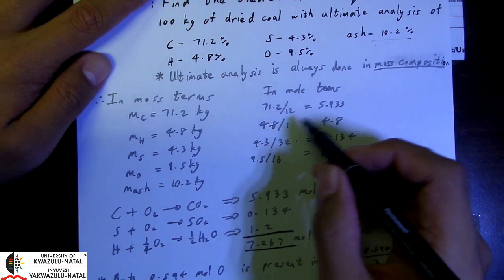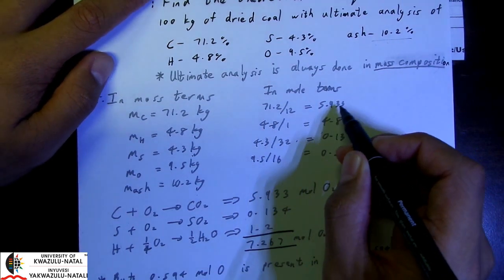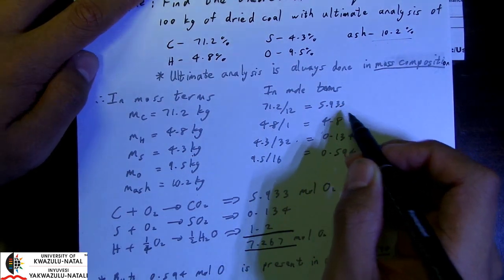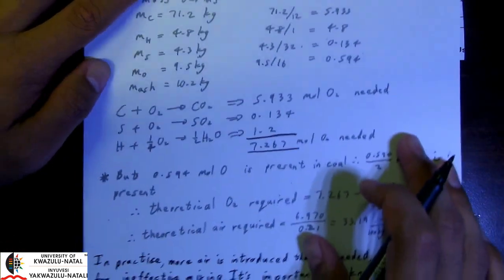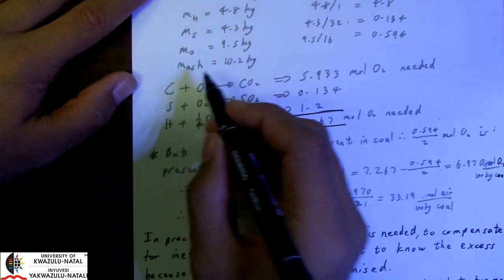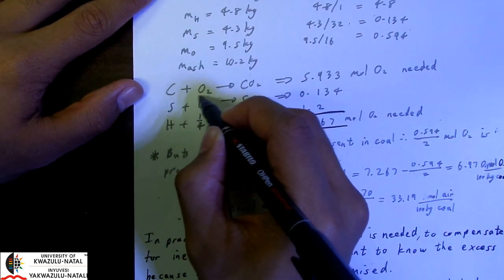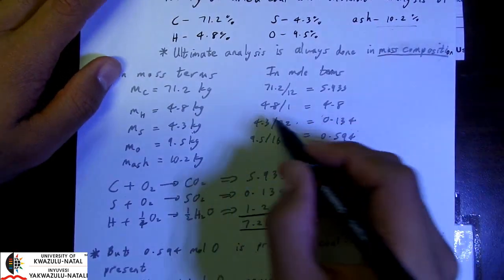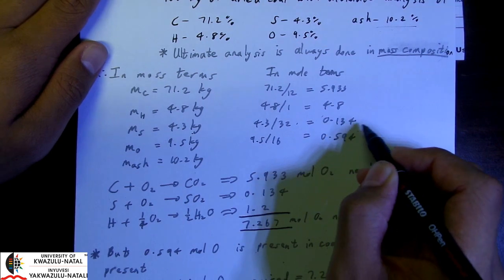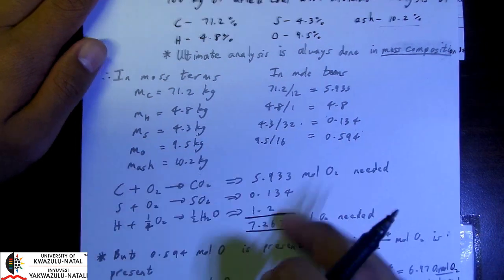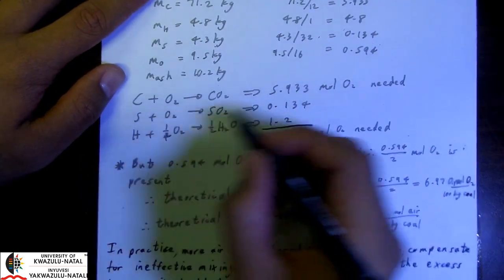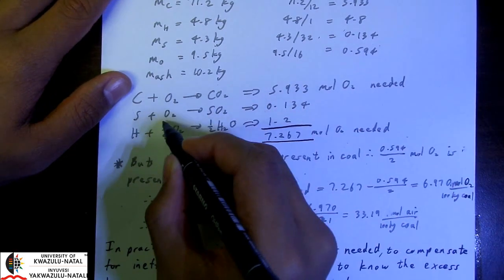So if we have, for example, 5.933 moles of carbon, then stoichiometrically we see that we will need 5.933 moles of oxygen. Since we have 0.134 moles of sulfur in our coal, we will need stoichiometrically 0.134 moles of oxygen.